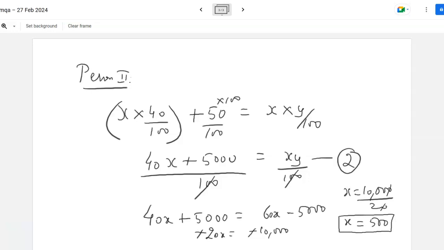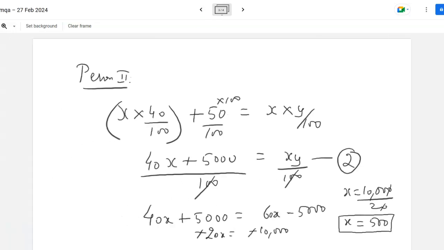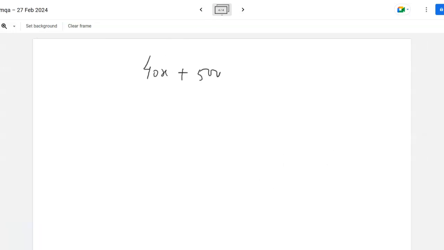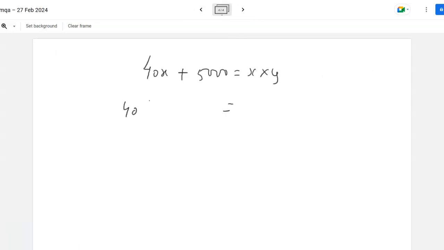Suppose this equation we will take as standard. I am substituting the value of x, which is 500, in equation number 2. So 40x plus 5000 equals x into y, but instead of x here, let us substitute 500. So 40 into 500 plus 5000 will give 500 times y.